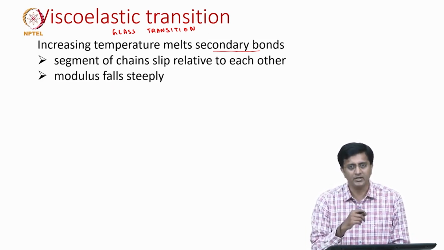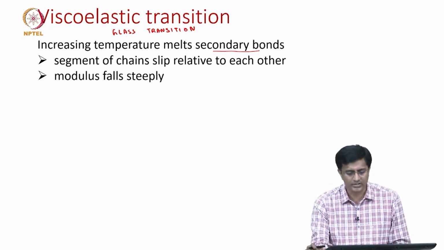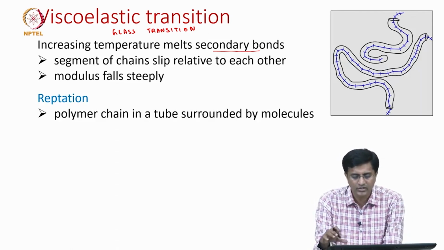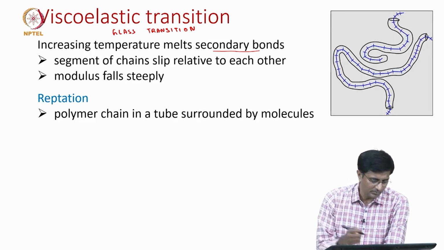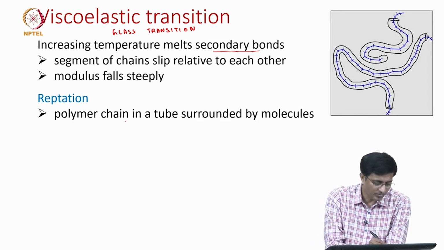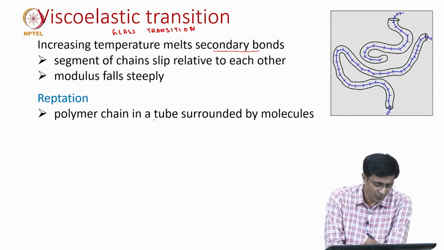This can be explained using a concept called reptation. In this figure we will try to visualize what reptation is, but let us first see its definition. We say that a polymer chain is in a tube surrounded by molecules.